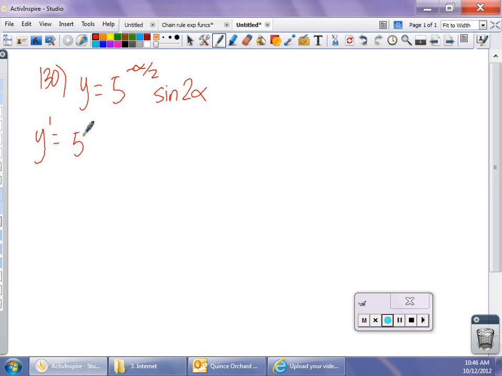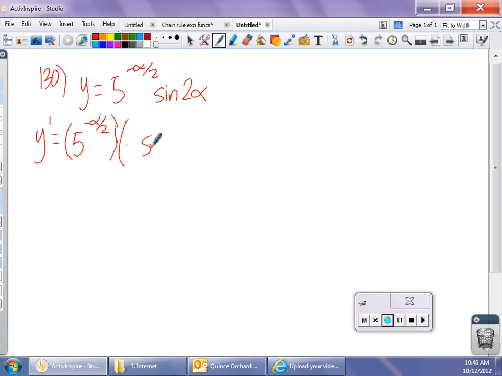We have the first function, 5 to the negative alpha over 2, times the derivative of the second. The derivative of sine is cosine of the angle times the derivative of the angle. Let's clean that up a little bit, make it more clear for you. So I had the first times the derivative of the second.